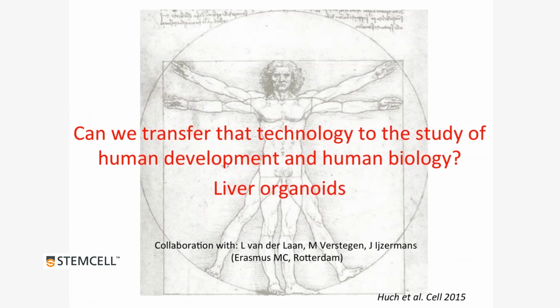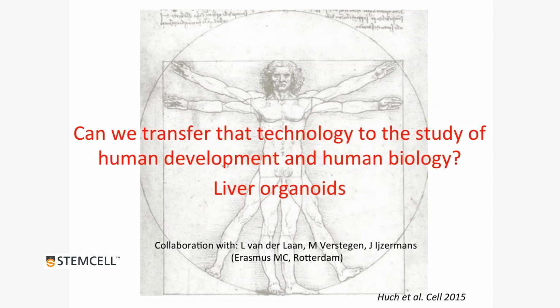So, of course, this system is very interesting, and it allows us to ask many questions regarding mouse liver biology. But if we cannot transfer this technology to the study of the human setting, the real importance of the system is very poor. So, we got into the enterprise of trying to transfer this technology into the human setting to study human development and human biology.